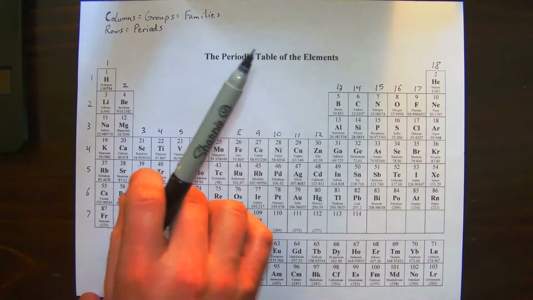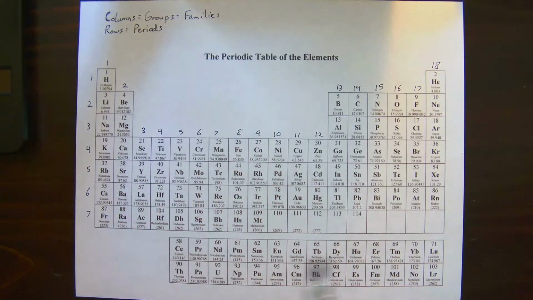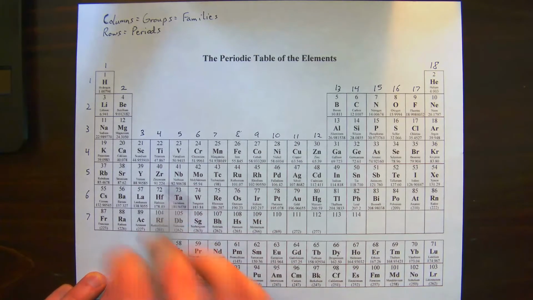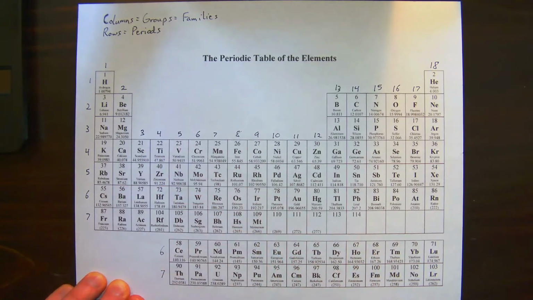So these belong in here, but we've taken them out because that makes the periodic table a little easier to fit onto a rectangular sheet of paper. So this is actually periods 6 and 7 down here as well, a continuation, since these belong in the periodic table. Just something to be aware of. We're not going to talk about these elements that often in this class, but it's something that you should be aware of.